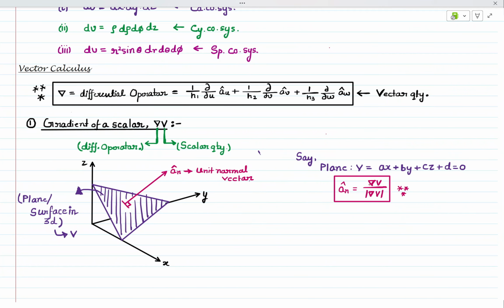This unit normal vector can be given as del V by modulus of del V. That is the actual formula.